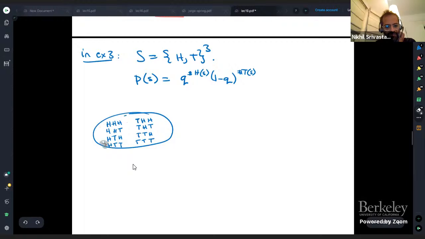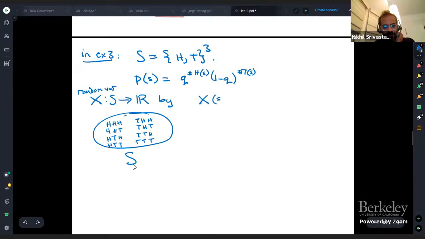So this is the sample space. That's S. And now the random variable I'm going to define is a function from S to the real numbers. So this is a random variable. Where what's it going to do? Well, it's going to take a sample point and it's going to count the number of heads.